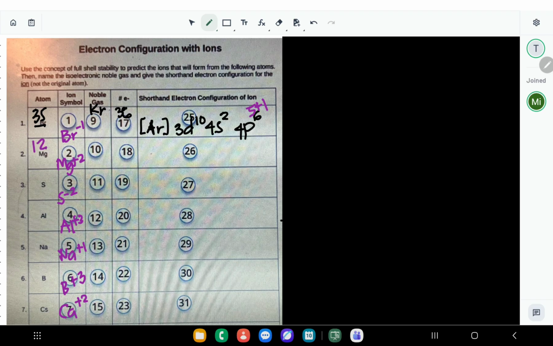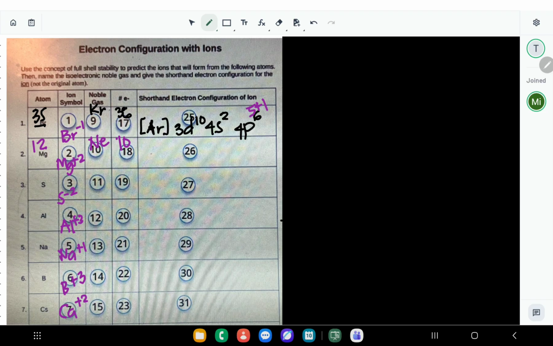So 12 minus 2, it has 10 electrons, right? So what is the noble gas that has 10 electrons? Neon. So the answer should be neon.